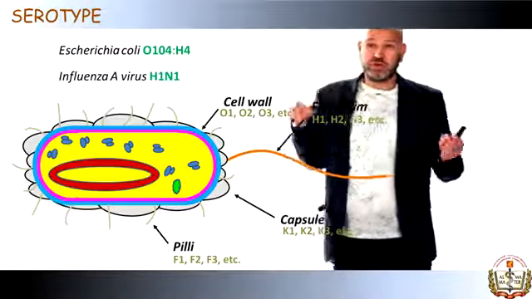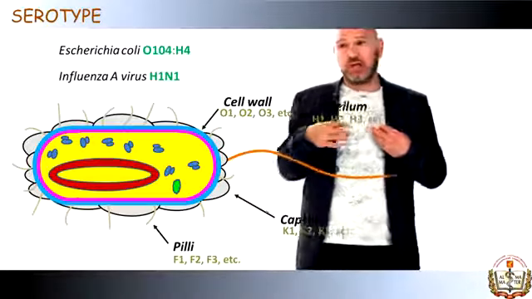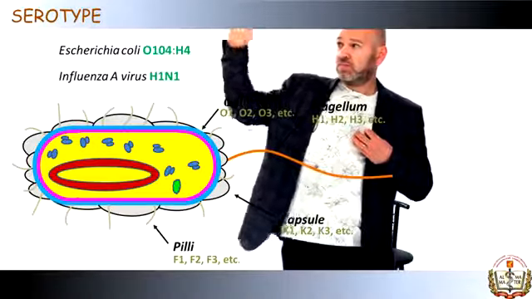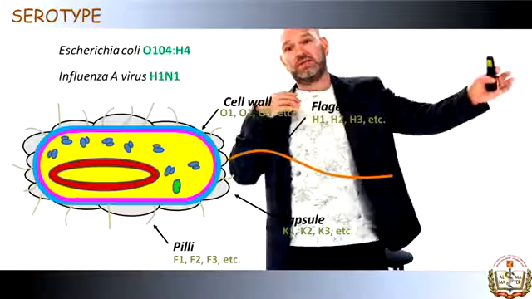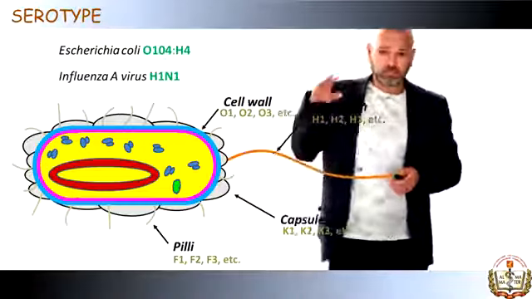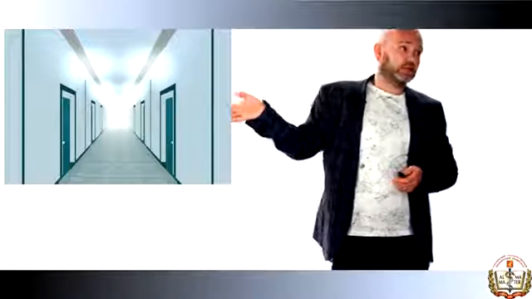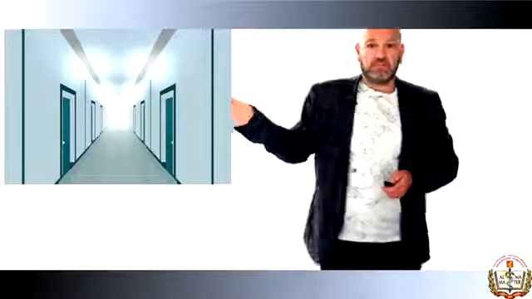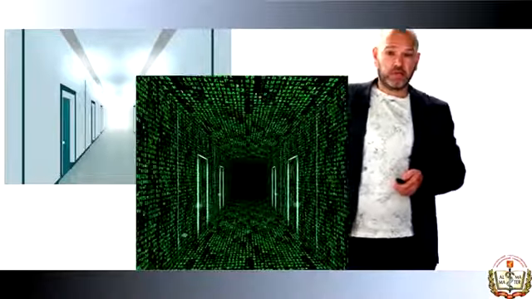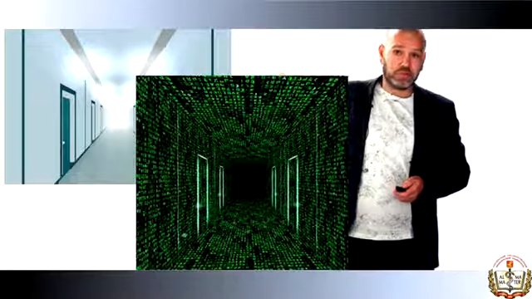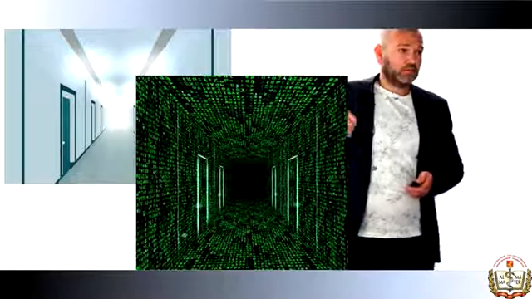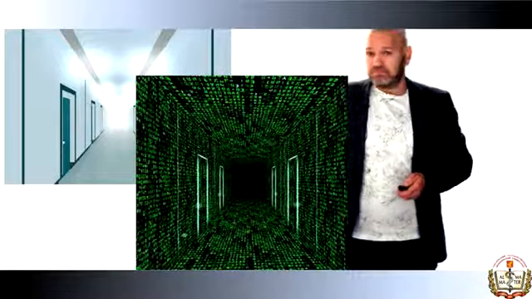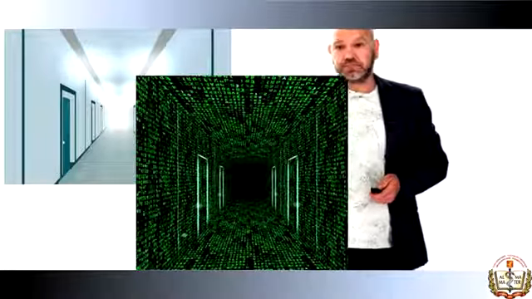If you try to understand how we see the world, you will say that we have some shapes, colors, distance, and if you take a look into some corridor, you see doors, angles, shapes. But if you take a look at the Matrix movie, the world is made of symbols. And for our immunity, the world is made of antigens.